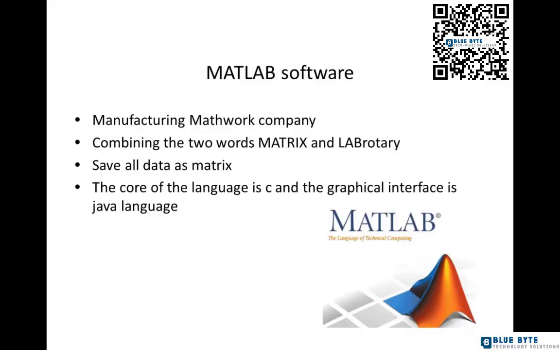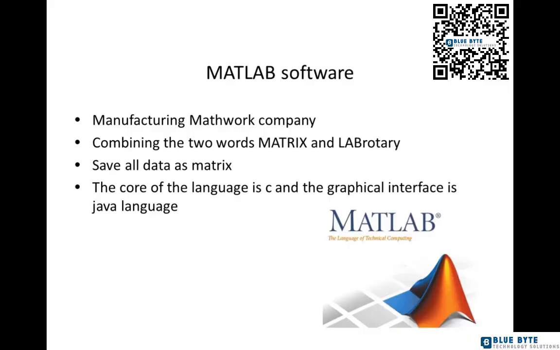Based on the matrix, all the data are saved in matrices. For example, if you give MATLAB a scalar, it will be saved in one matrix. If you give it a sentence, it will give you a row and many columns.